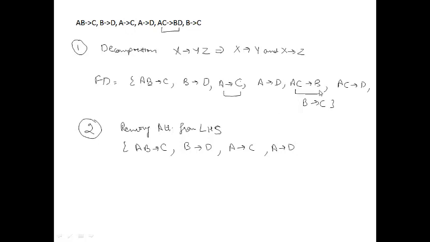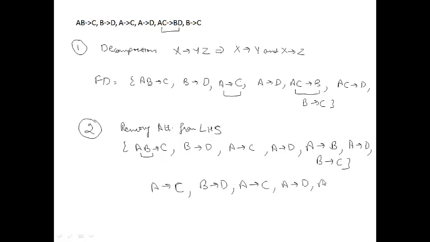That means this can be decomposed into A determining B, because C is already determined from A. Here also I can write A determining D, B determining C. Now, because A determining B is present, from this I can remove C. This will be A determining C, B determining D, A determining C, A determining D, A determining B, A determining D, B determining C.